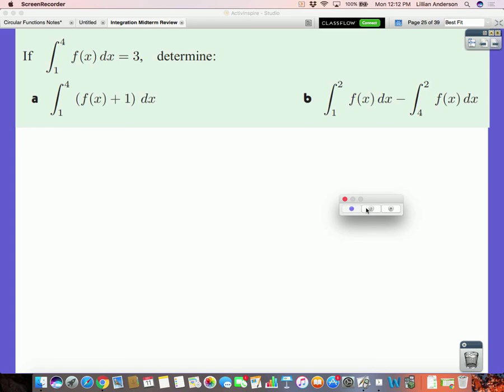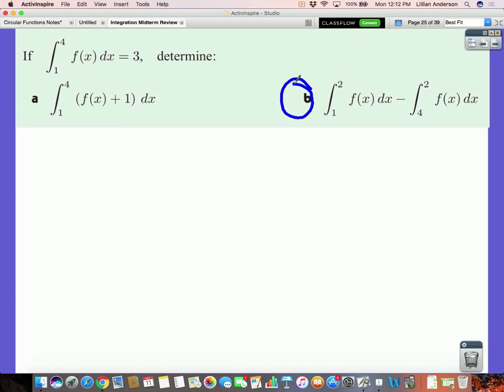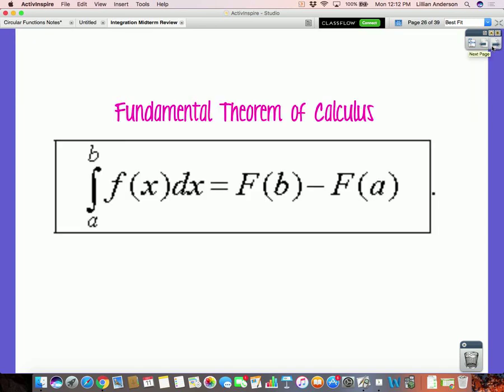To help you, B is nothing but applying your properties from the previous page. But for that very first one, if you got stuck on what to do with the 1, you cannot forget your fundamental theorem of calculus. That's when you take the antiderivative of the function and plug in your top bound and subtract it from what you get when you plug in your lower bound. That's what you would have to do with that 1 in part A from the last page.